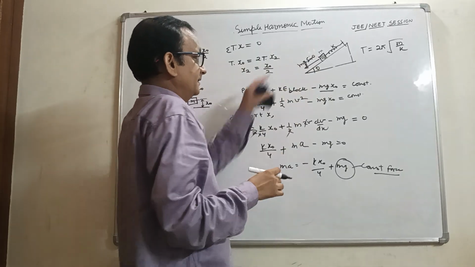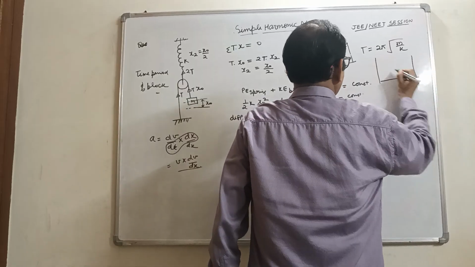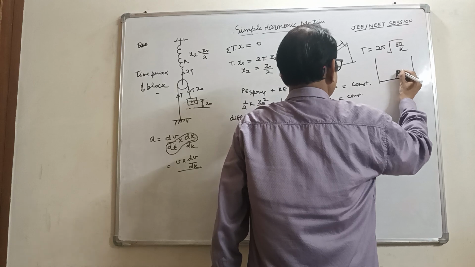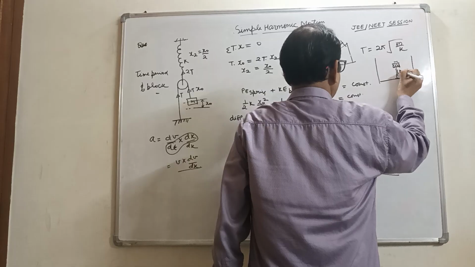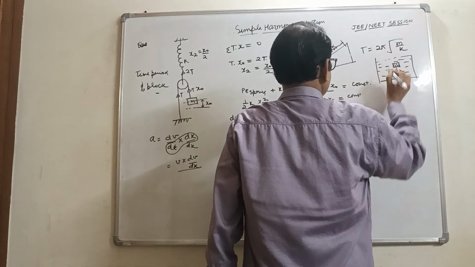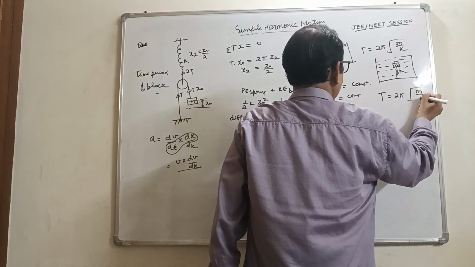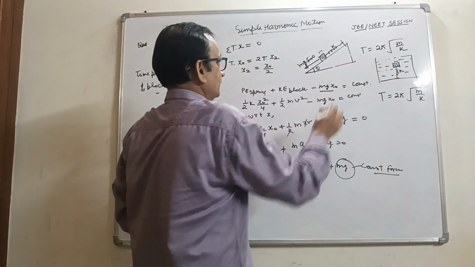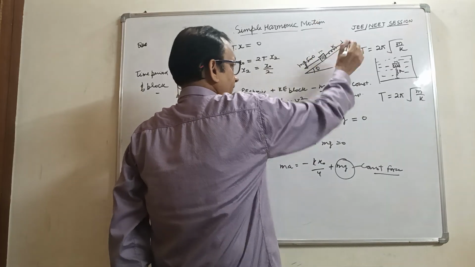If we summarize this scenario, suppose this is a liquid and this is a spring system, and this is a mass m with spring constant k, and this whole spring mass system is submerged in liquid, then the time period would still be root m by k. The buoyant force is not affected on the time period, this driving force mg sin theta not affected here.